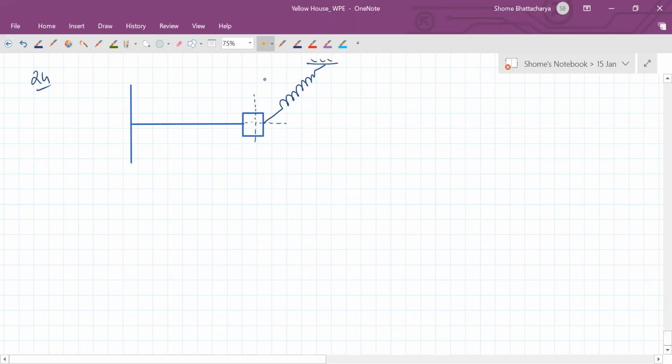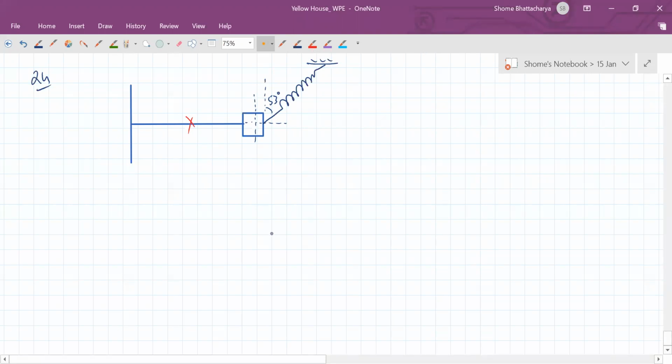And this angle that the spring is making, it is 53 degrees. Then what we are going to do is we are going to cut the thread. So when we cut the thread, the block will develop some acceleration. So we have to calculate the acceleration.